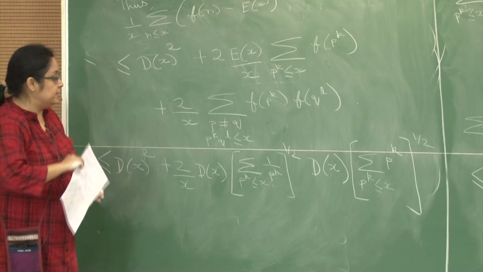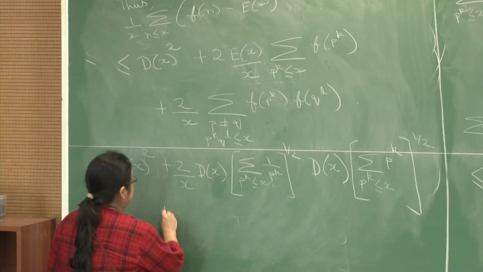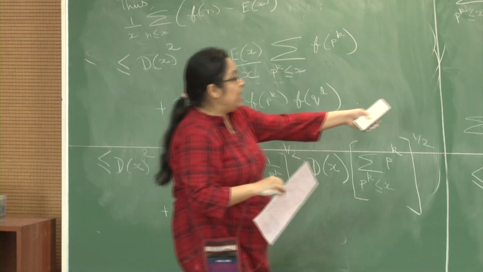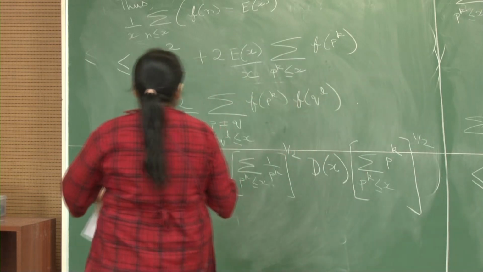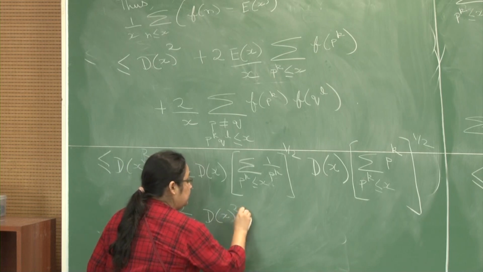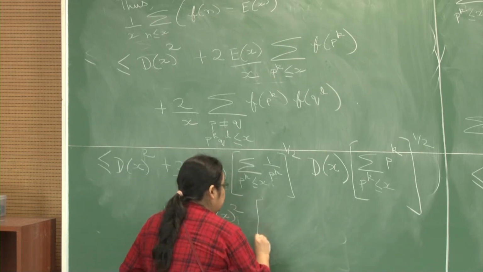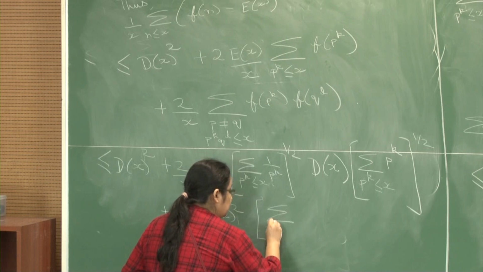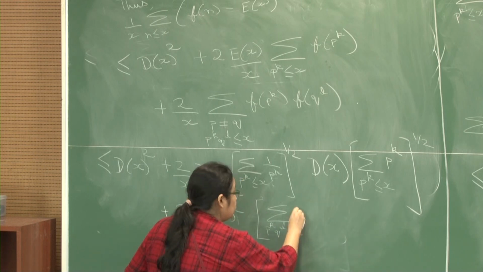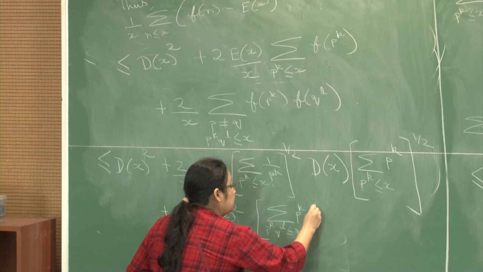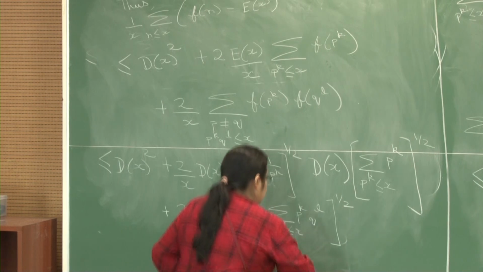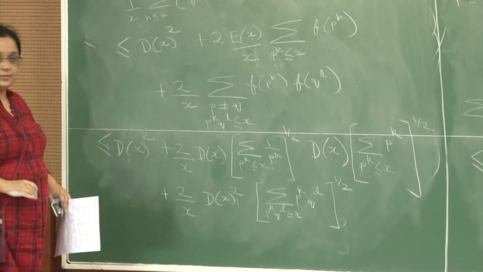Then you have the third term here. So, you have plus 2 by x, and this term you have shown is bounded above by d of x whole square times again a part that does not depend on f.